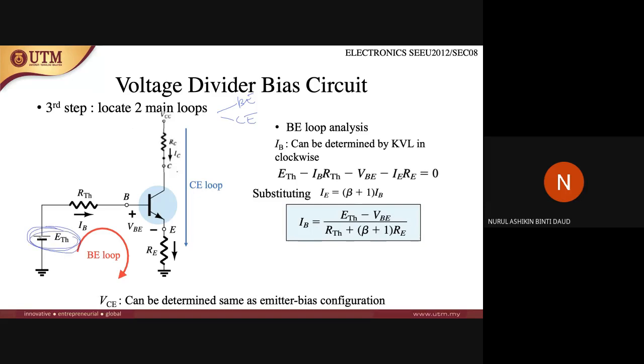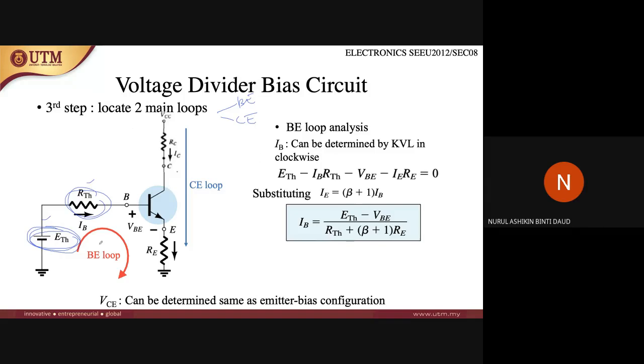And it's also no longer R1 and R2, it becomes RTH because you have simplified just now. So the values of RTH and ETH that you found just now are very important.